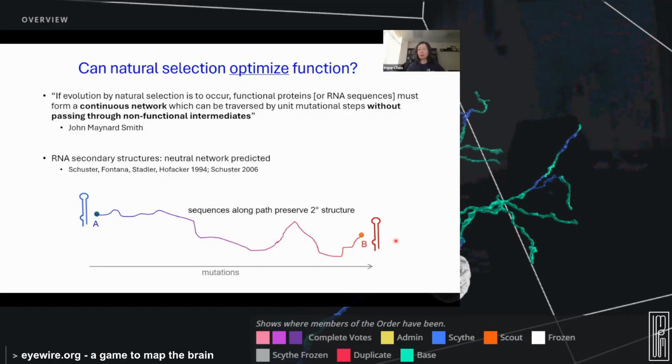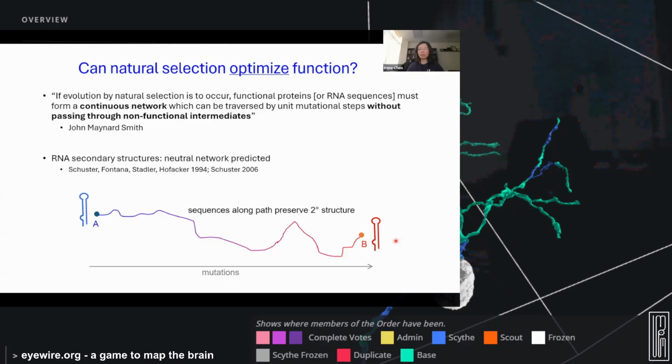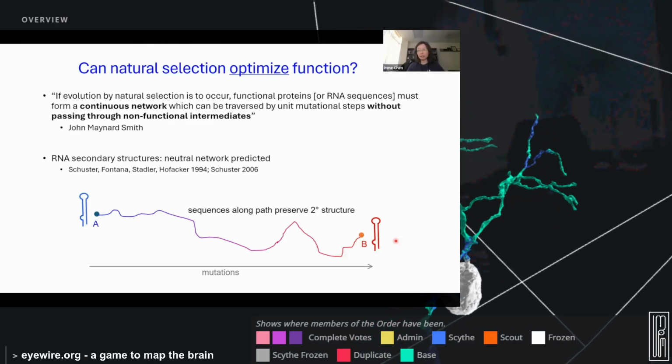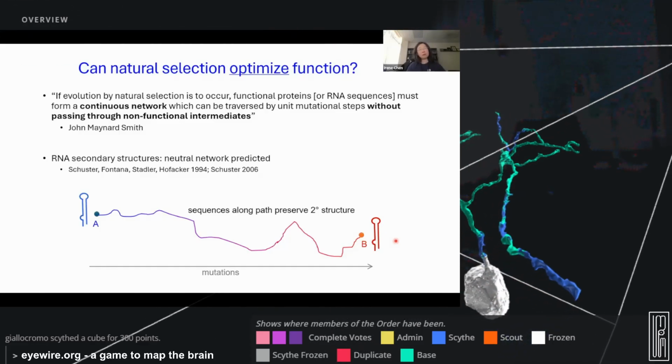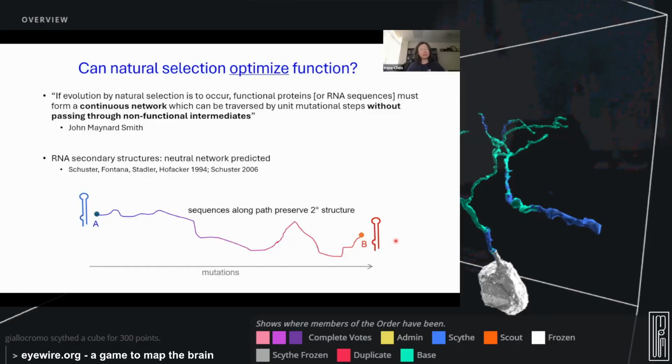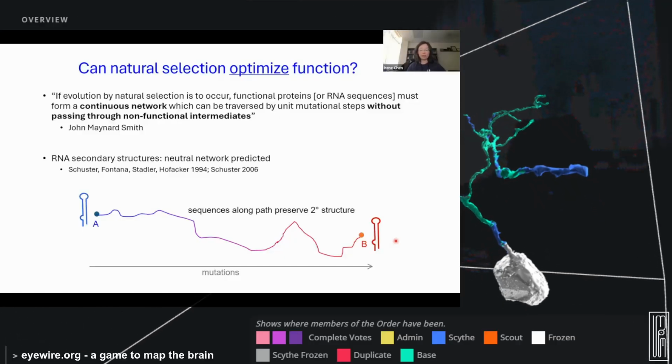So the question is, for an experimental setup where we're measuring the catalytic activities for this aminoacylation reaction, which we're using as our model, do we still see this kind of continuous network?